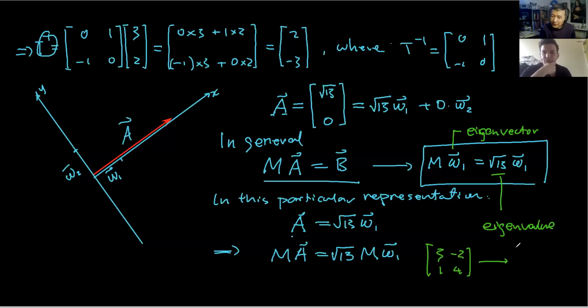In its own representation, this just converts into two numbers, say 5, -2, 0, 0. This is in the representation of U_i, and this is in the representation of W_i.